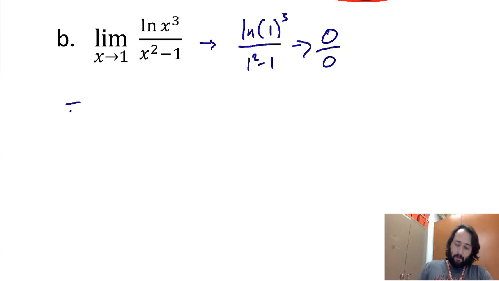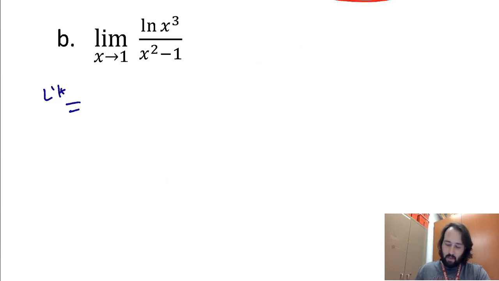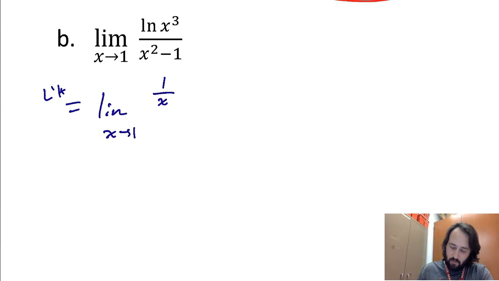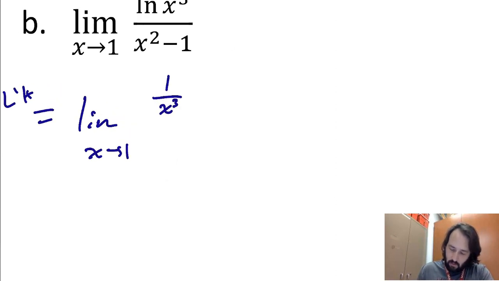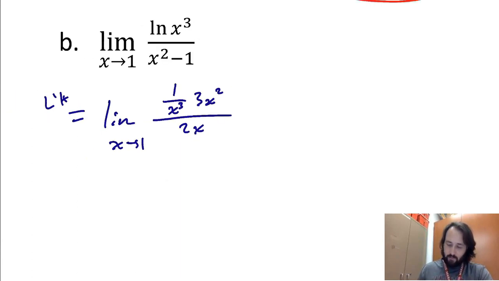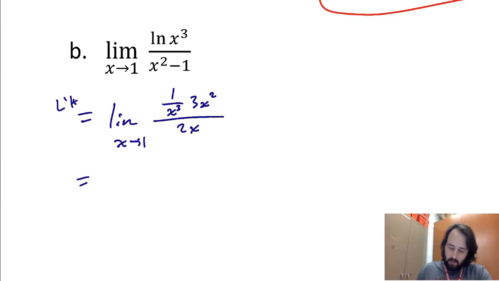So then by L'Hopital's rule, I'm going to go ahead and erase this stuff because I'm going to act like this is a multiple choice question. The limit as x approaches 1 of the derivative, which would be 1 over x cubed times 3x squared, all divided by 2x, which is equal to, if I rewrite this, well, I really don't need to rewrite this in this case.